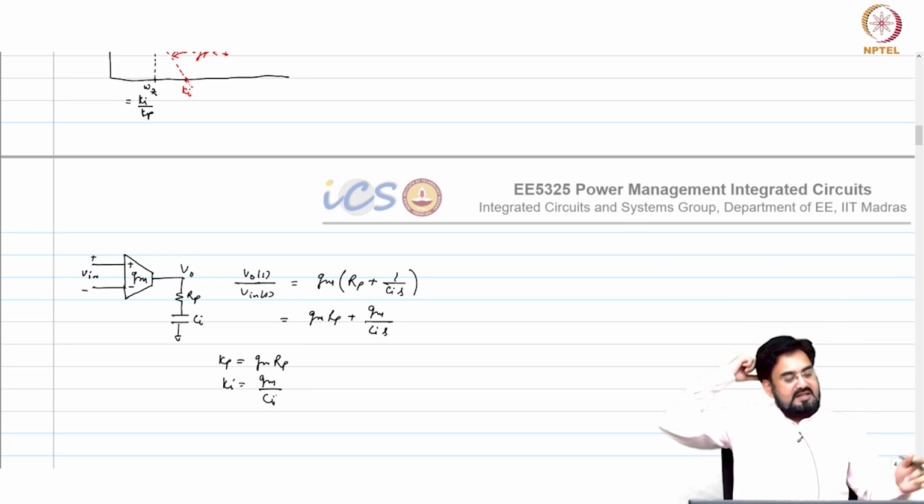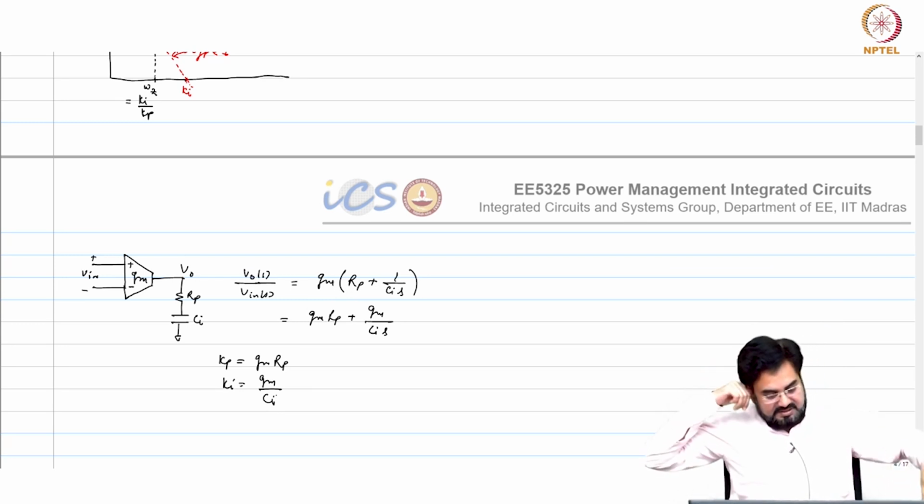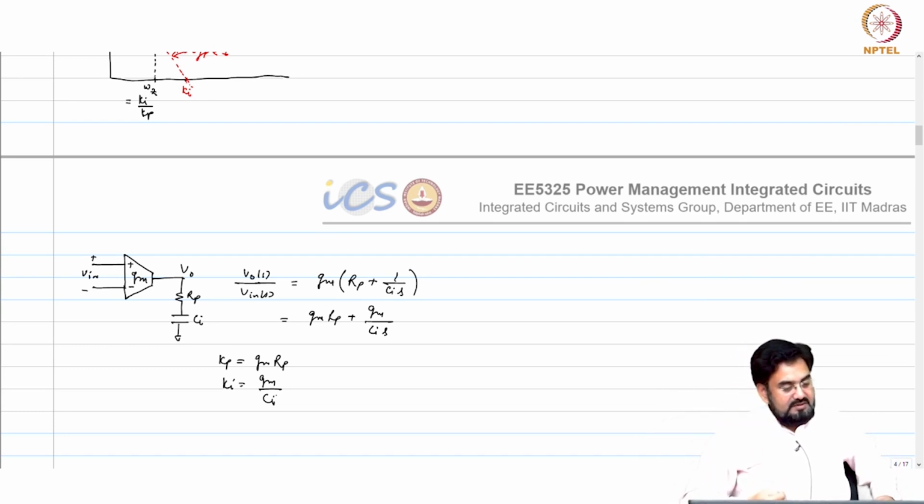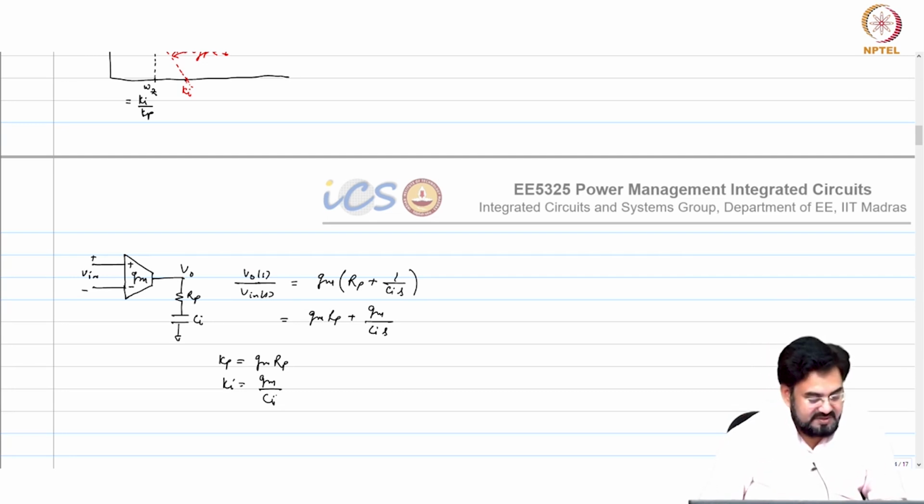So if I want to change the Kp, what should I change? Ci, Gm or Rp? Better change the Rp, because you don't want to disturb your Ki. Once you fix the Ki, you just change the Rp to get a different proportional gain. Okay.